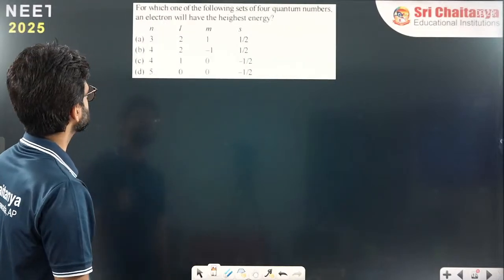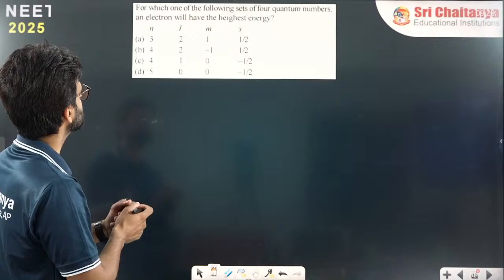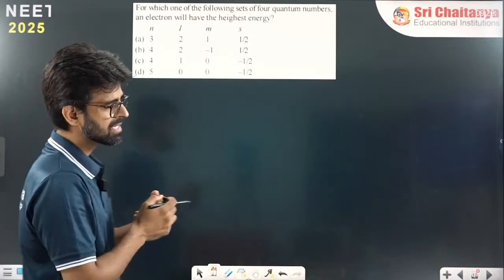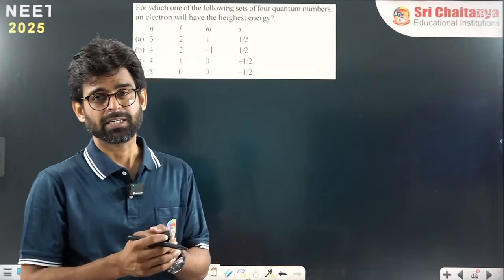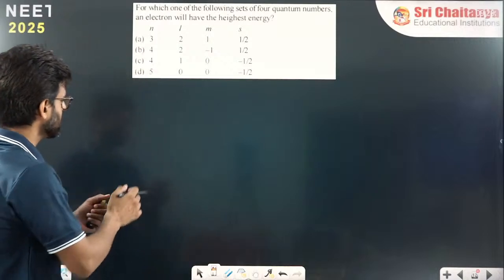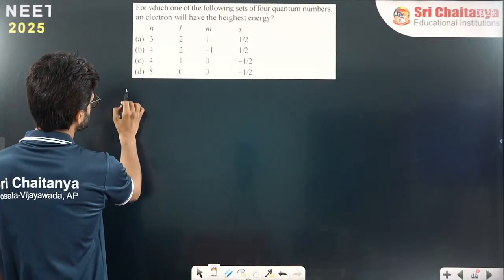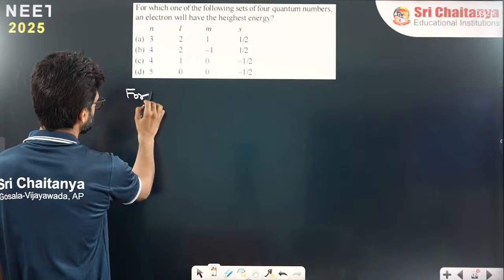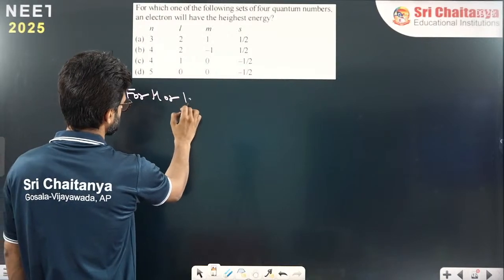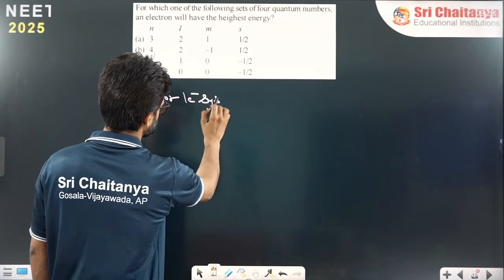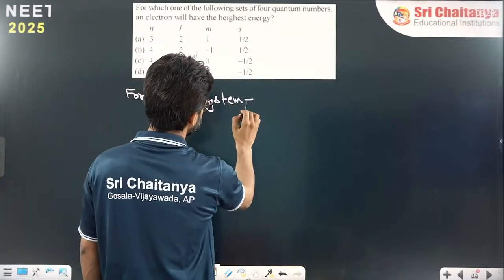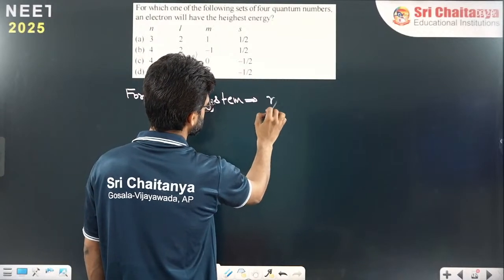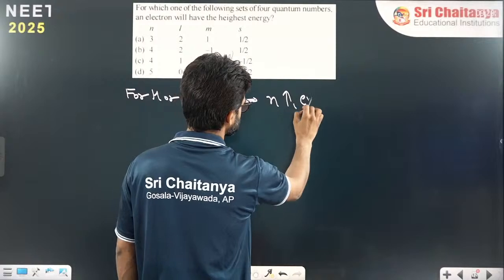The next thing I am saying, which one among the following 4 will have the highest energy? First of all, if we discuss a one electron system, for hydrogen or a one electron system, energy depends on N only. So I will say higher the N value, higher the energy.